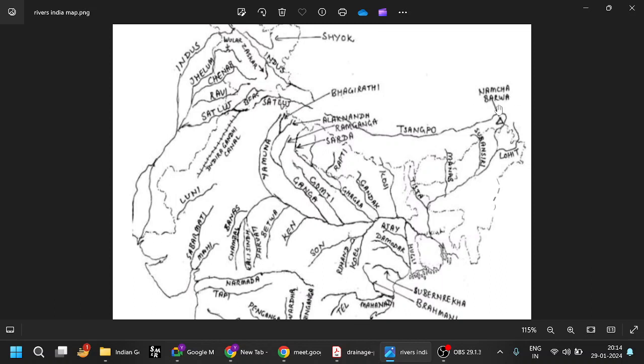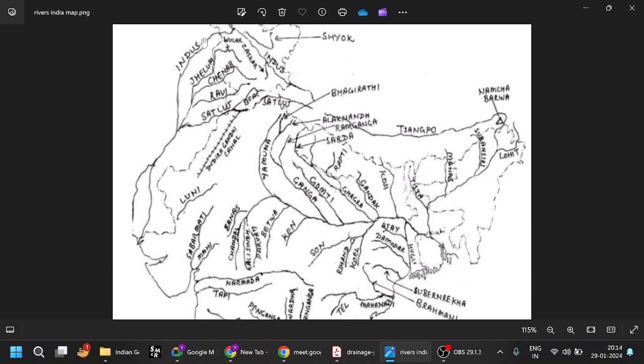I've already told you it's the syntaxial bend of the Himalayas. You have two syntaxial bends of the Himalayas. This is the eastern syntaxial bend, Namcha Barwa, and Namcha Barwa is also a river system, but majorly it's a syntaxial bend. See, the Himalayas go like this, and it has an eastern bend and a western bend. The western bend we've already seen recently: Nanga Parbat.